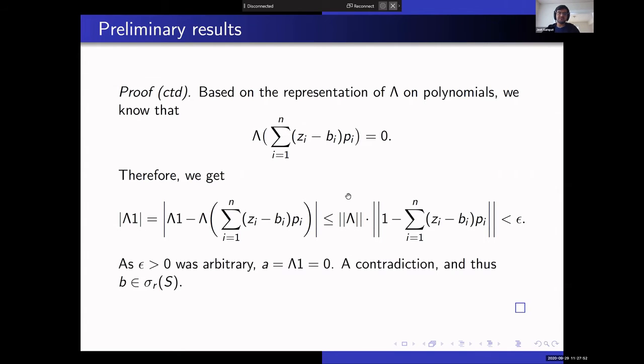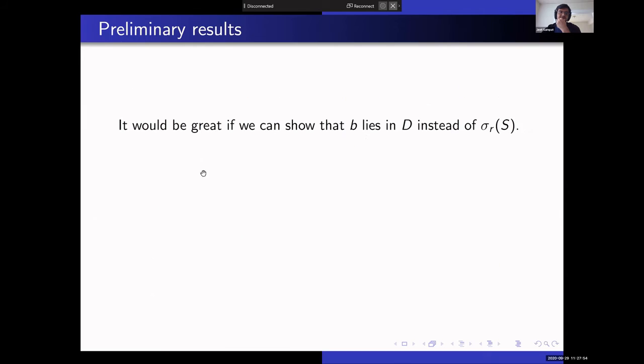So nothing too crazy happening over there, but it would be great if we can show that this point lies in the domain, because the condition we have on our space X depends on point evaluations on the domain. So we don't know how the functions behave around the spectrum, although we at least know that it's contained in a nice surrounding of our domain.